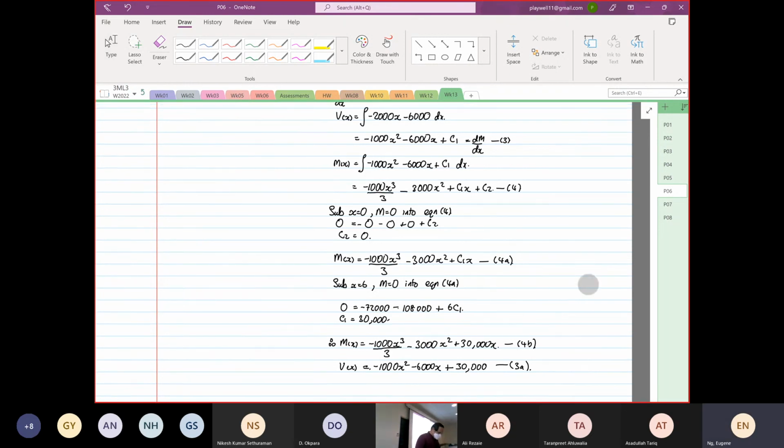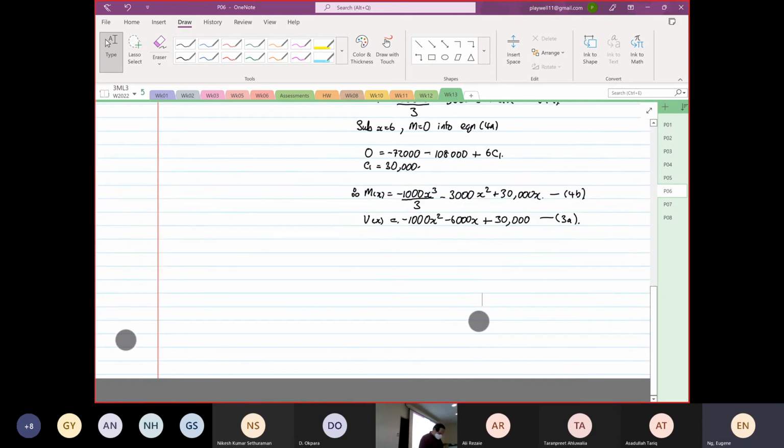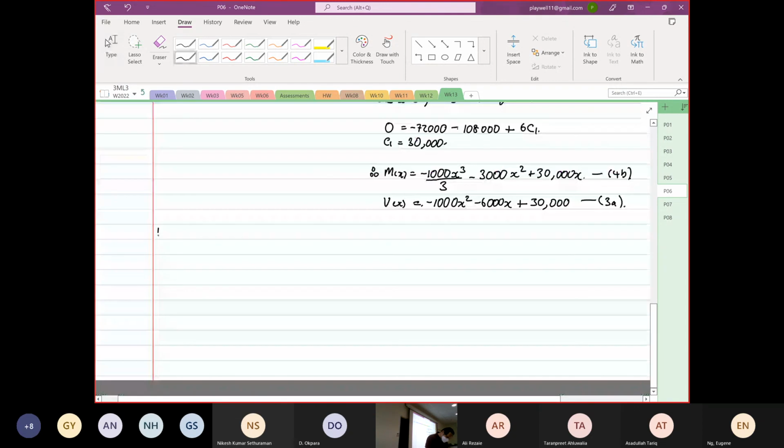No. Okay, so the next part is this: how to determine slope and deflection.